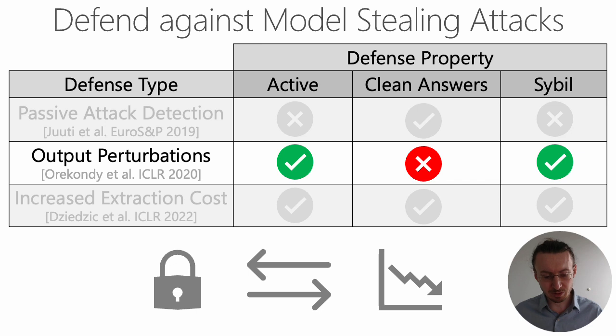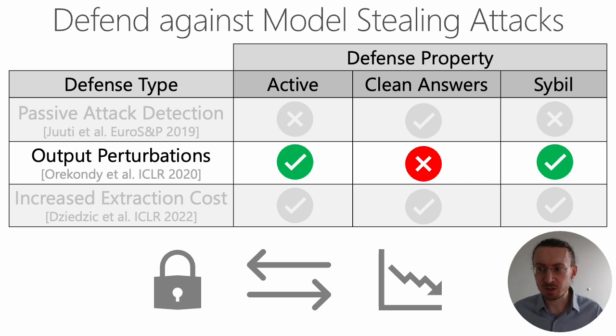However, if we lower the robustness of the defense, then of course legitimate users also get higher quality answers. So there is this trade-off that we have to operate within. These defenses are active. They change, for example, the outputs for every single query. They also protect against Sybil attacks because they act per query.